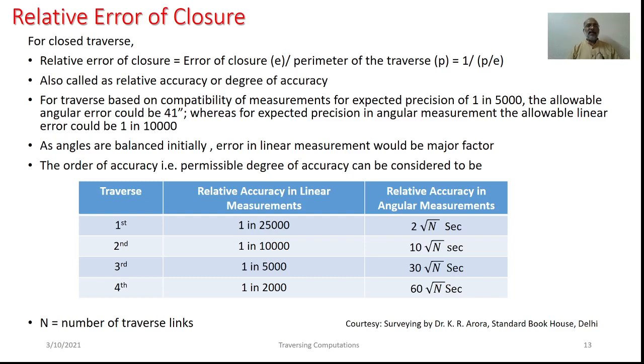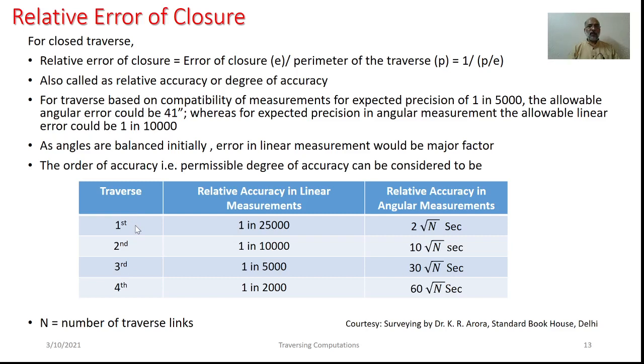So, as angles are balanced initially, errors in linear measurement would be the major factor. Here, as a guide value, the order of accuracy, that is the permissible degree of accuracy, can be considered for the kind of traverses that we are dealing with.